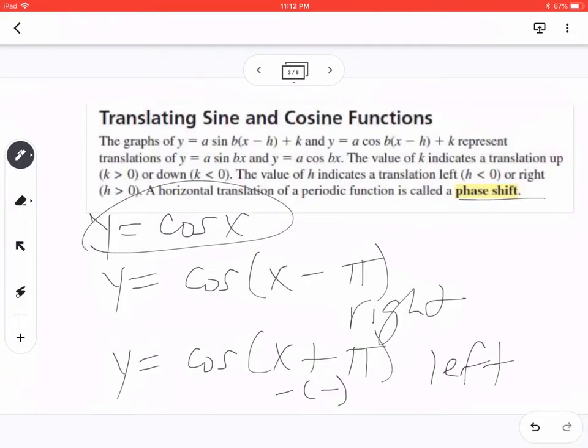The original graph changed horizontally in both of those cases. So if you see x minus a certain value, it's going to the right, but if you see x plus a certain value, it's going to the left. It's a little bit counterintuitive because of that double negative built into the formula.